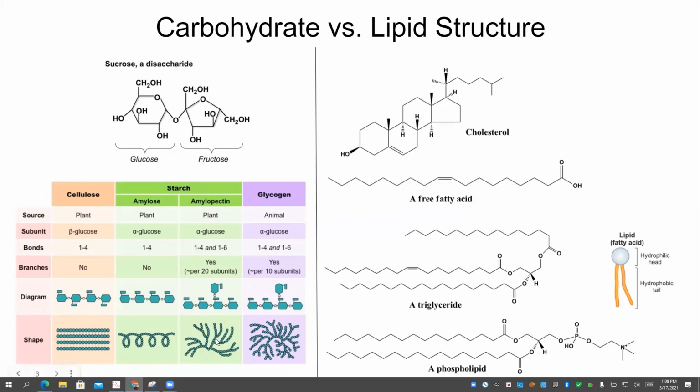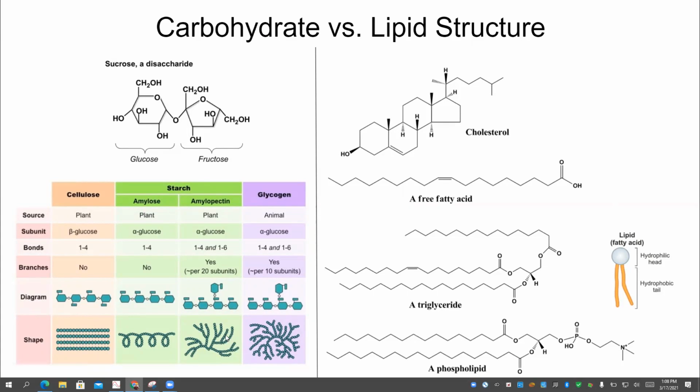Starches are oftentimes chained. You don't really need to know the difference between alpha and beta glucose, but knowing that these stack really nicely, even amylose is not going to be stacking as nicely as cellulose.